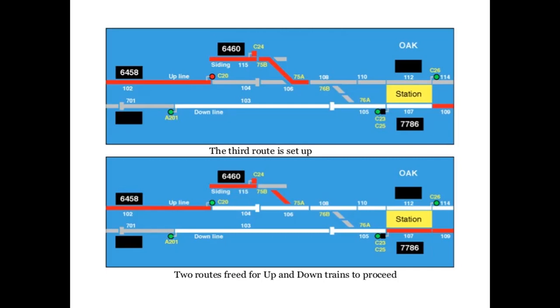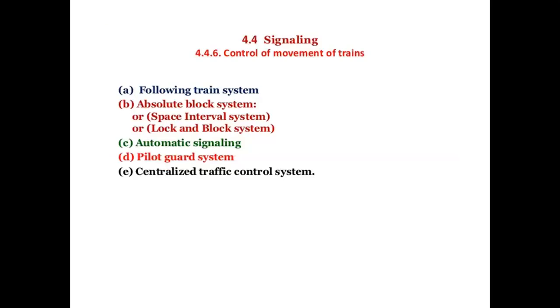So these are much more helpful for freeing up the routes, and the up and down trains can proceed with more ease. These are the signalings and routes for the movements of the locomotive.